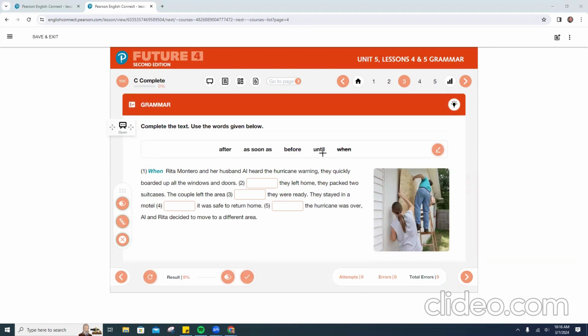Use the words given below. So we have after, as soon as, before, until, and when. We already used when, so we don't use when no more. Read the paragraph, write the correct answers. Please press pause, do the work, and then play to check your answers.